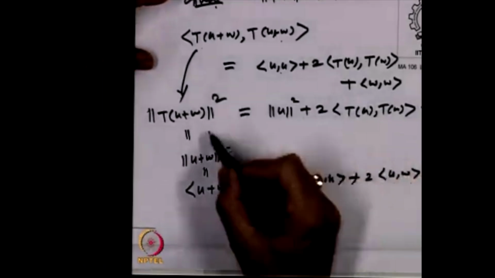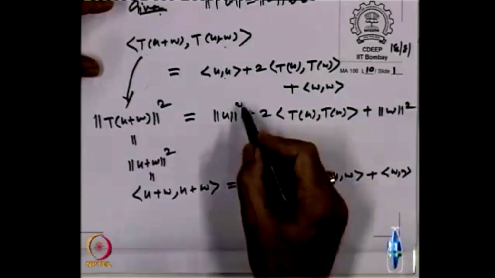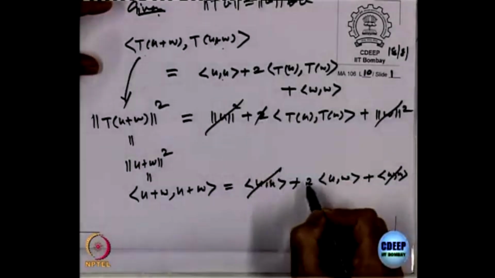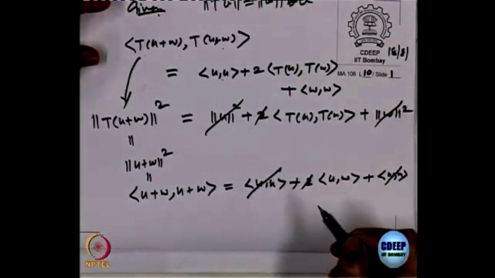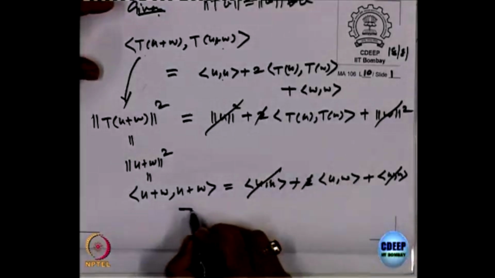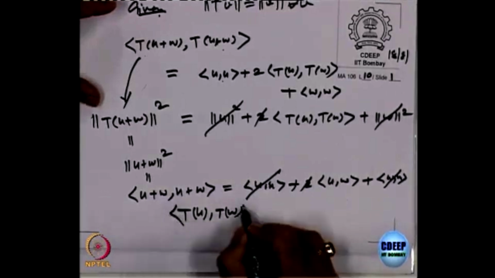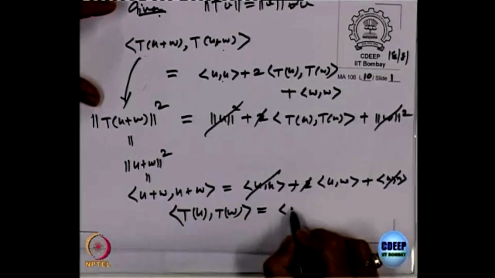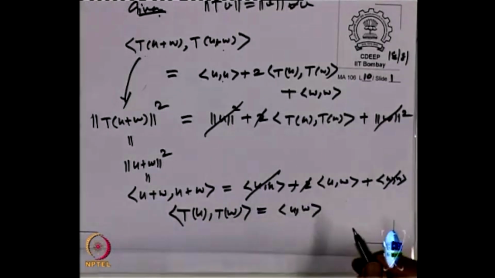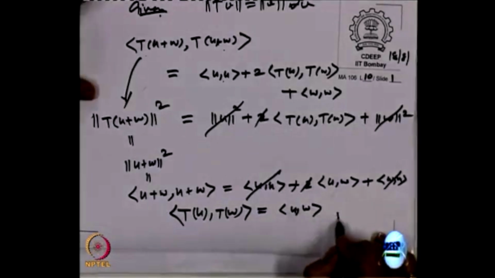But now this is the same as this, so what happens? This cancels with this, this cancels with this, this 2 cancels, right. So what you get is the inner product of Tu and Tw is equal to the inner product of u and w, right. So that is what we wanted to prove.